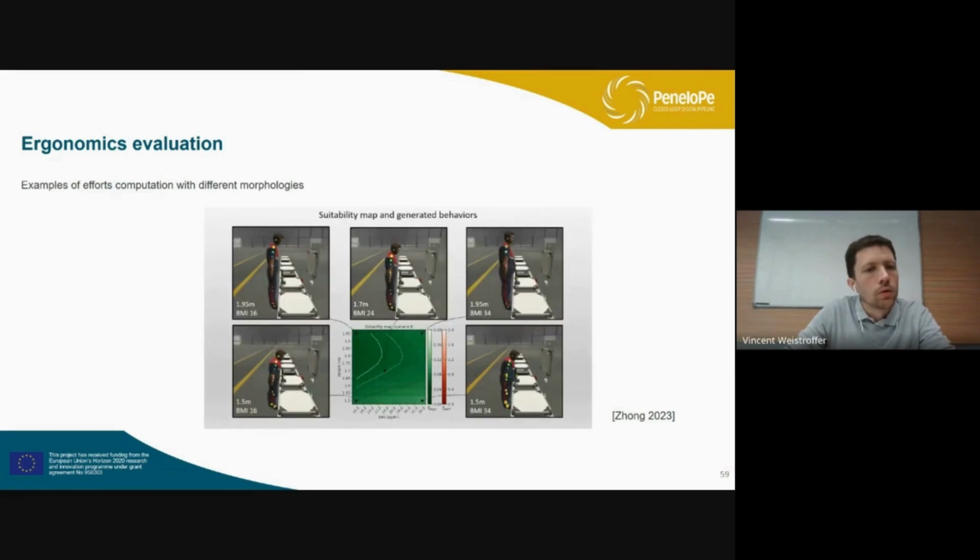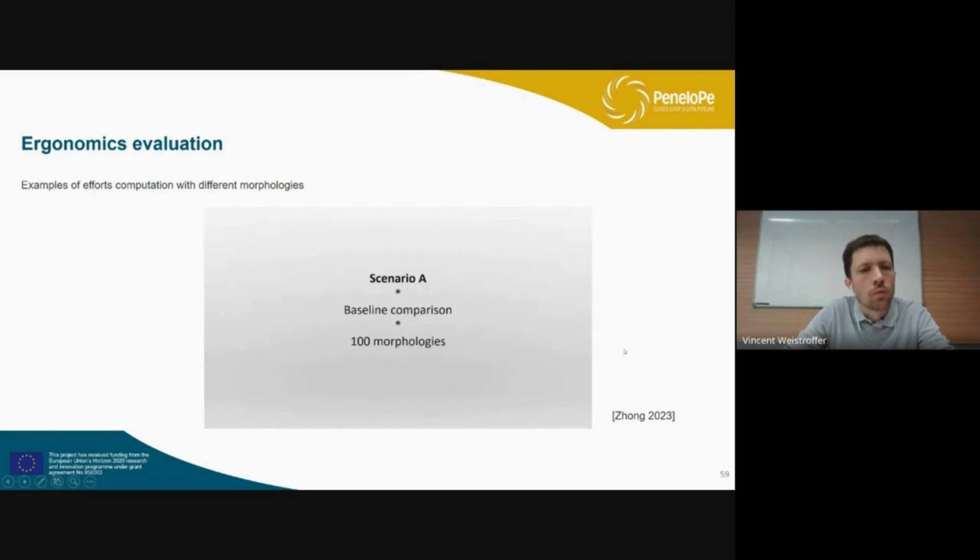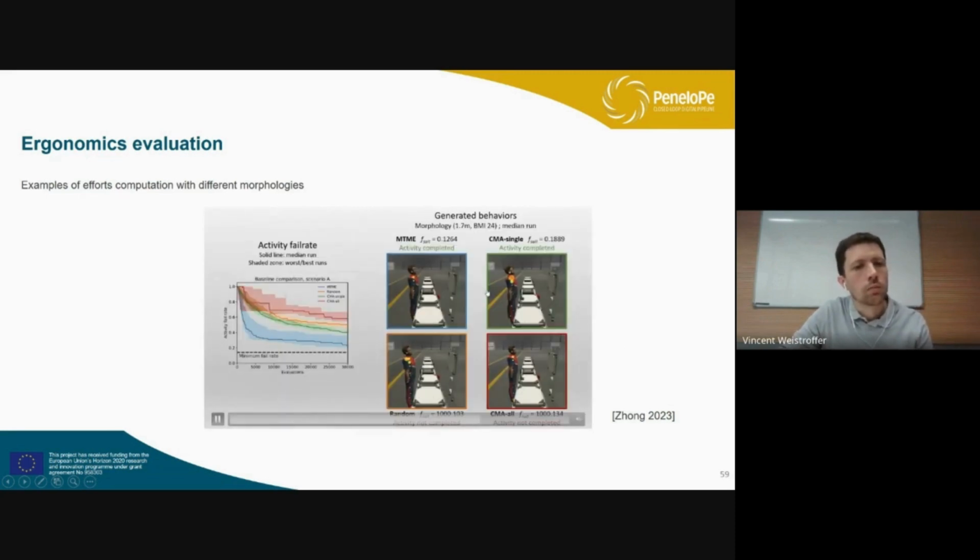For example, taller people need to bend further down, so they will have higher torques. On the opposite, shorter people sometimes need to bend more or less. So depending on all these parameters, the joint efforts are not the same. You can have more details in the publication article referenced here.